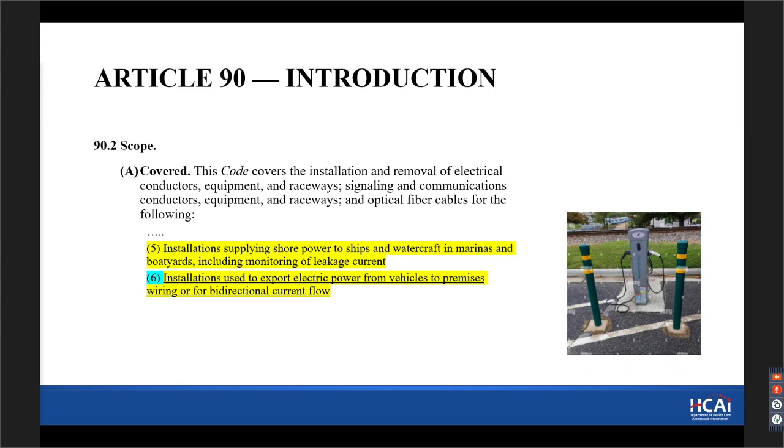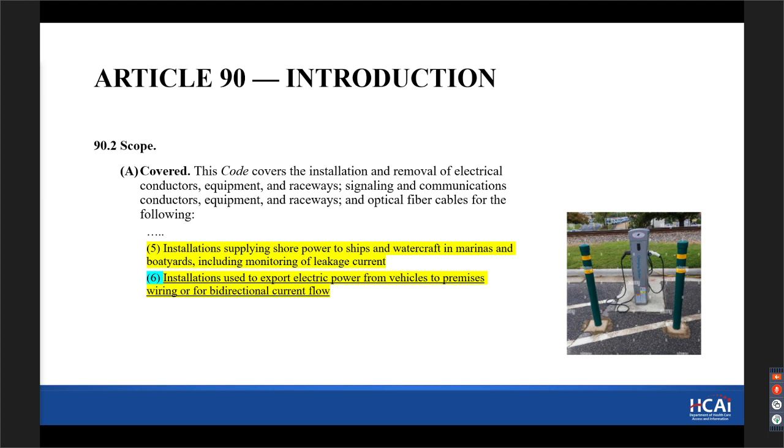Just to reset the table, in the beginning, in the same article, the purpose of the code and the purpose of our efforts to enforce the code is for practical safeguarding. The purpose of this code is the practical safeguarding of persons and property from hazards arising from the use of electricity.